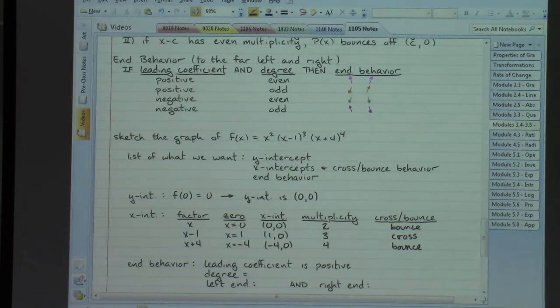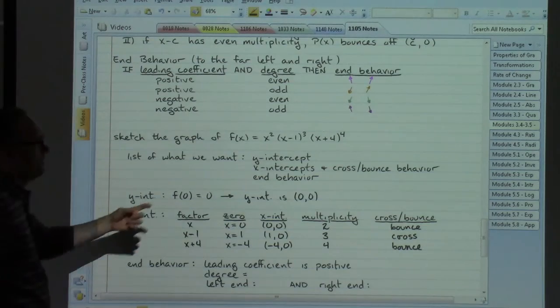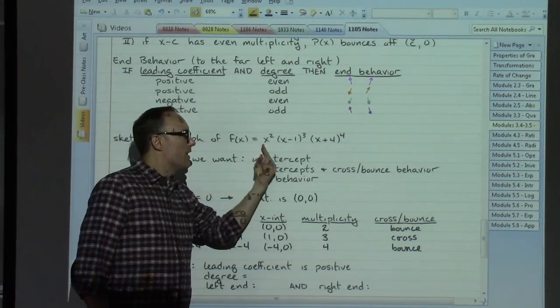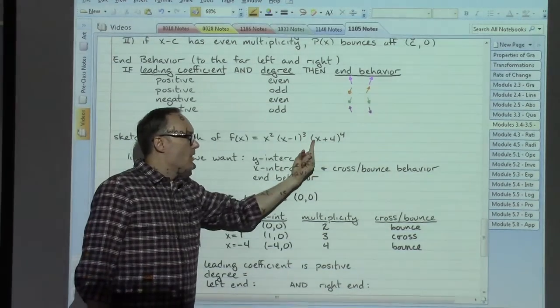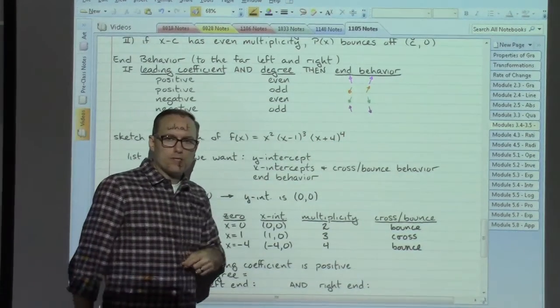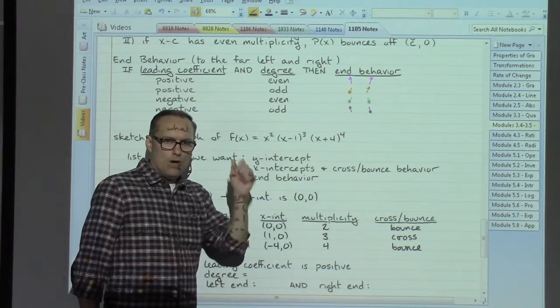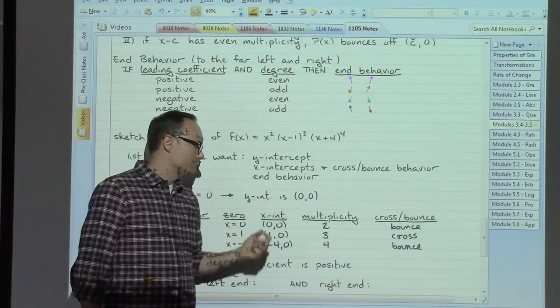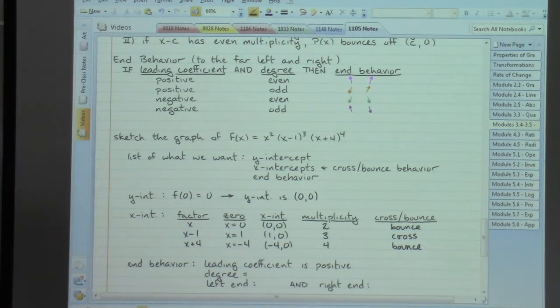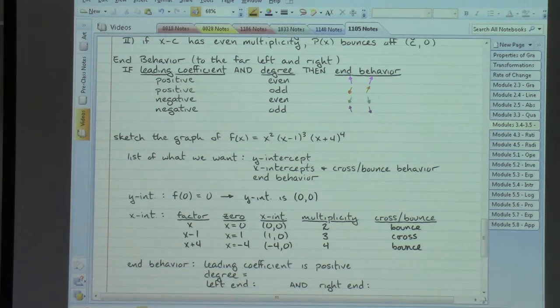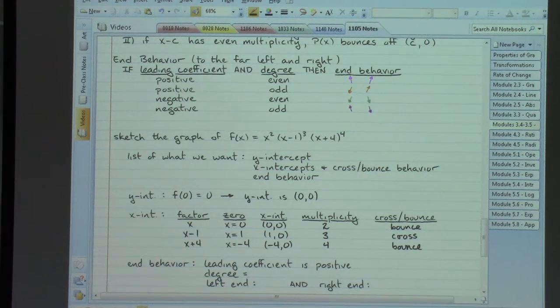The leading coefficient is positive. Just real quick, 1x squared, 1x to the power of 3 is 1x cubed, 1x to the power of 4 is 1x to the power of 4. 1 times 1 times 1, that's positive. If we add up the multiplicities, we can get the degree.